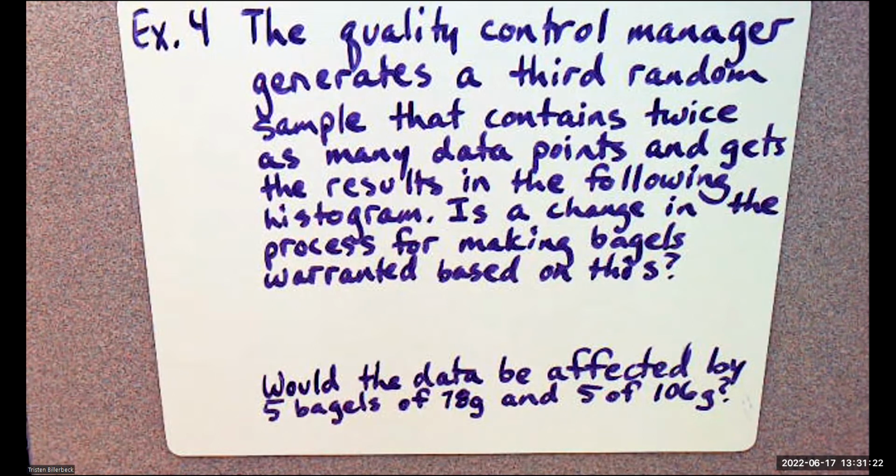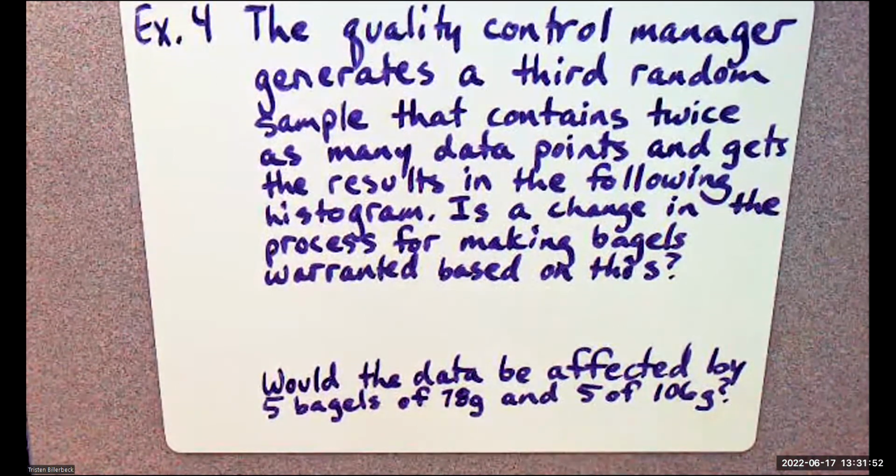I'm going to take twice the amount of bagels, and it'll be a random selection of bagels, and I'm going to see what I get. So let's take a look at that data, and let's keep in mind what might happen if we added 5 bagels that are 78 grams and 5 bagels that are 108 grams to this data. So here we have it.